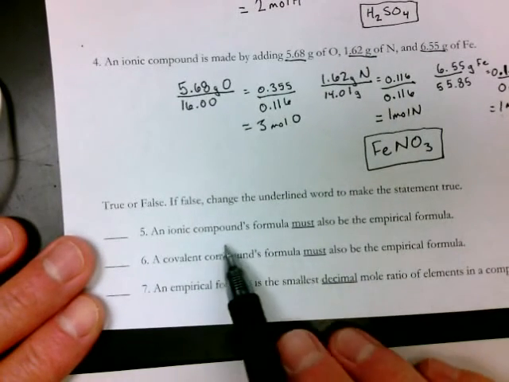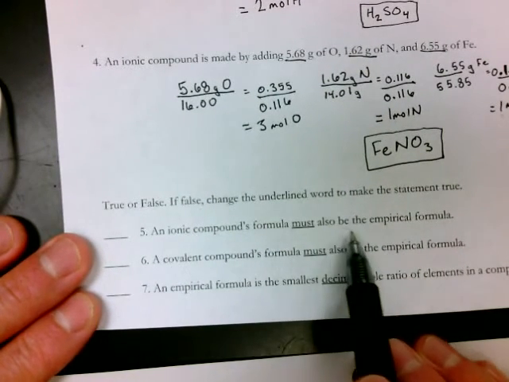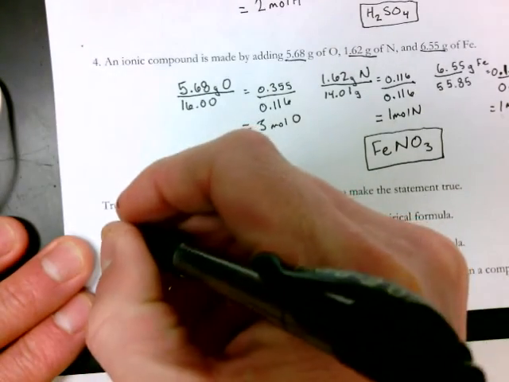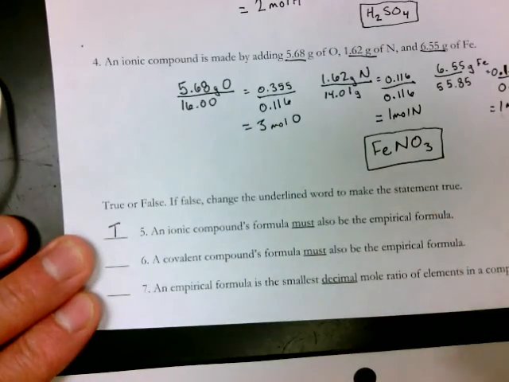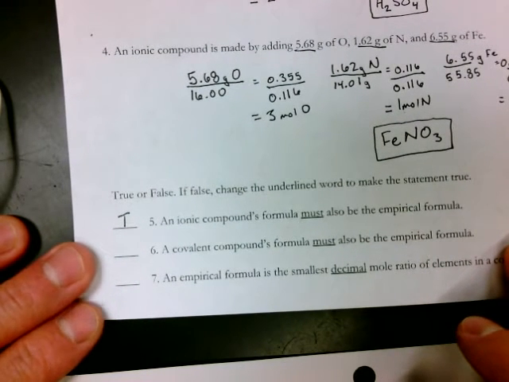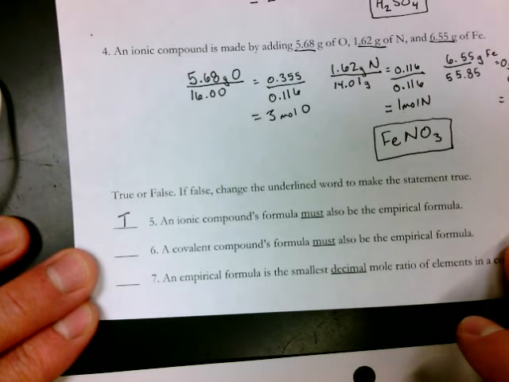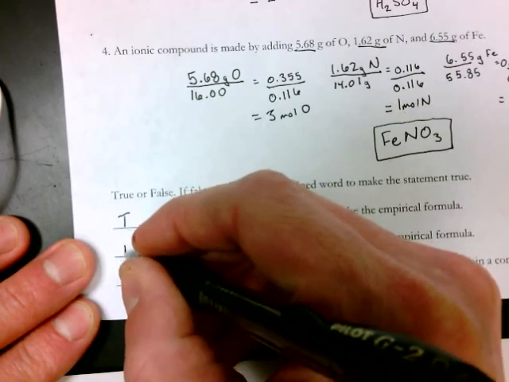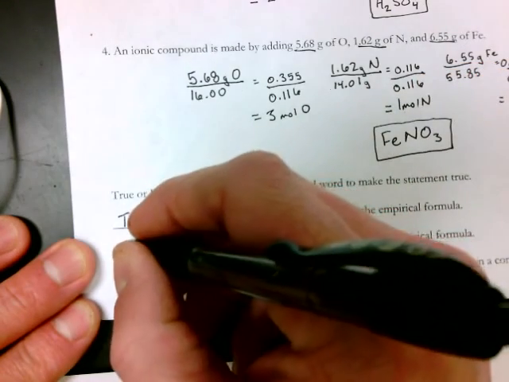For number 5, an ionic compound's formula must also be the empirical formula. For our class, that's basically true. There are a few exceptions, but we're not really using those examples in our class. A covalent compound's formula must also be the empirical formula. This is false.